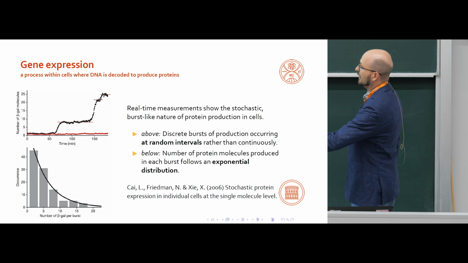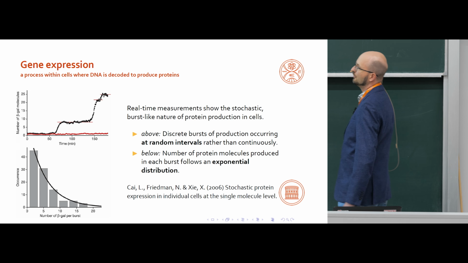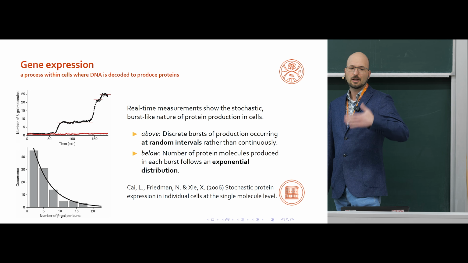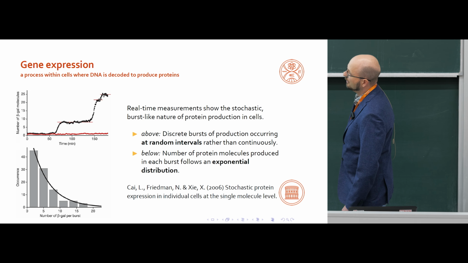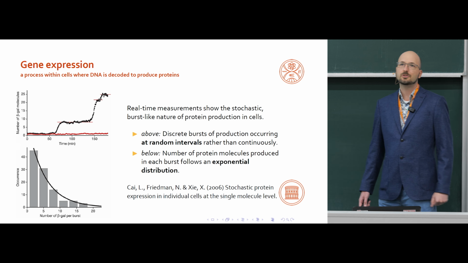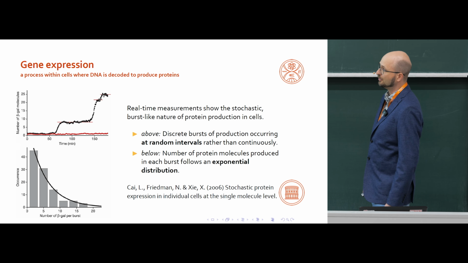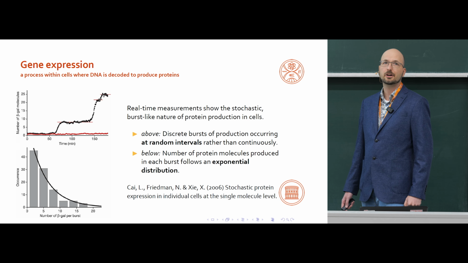On the horizontal axis, you have the size of the burst in number of molecules, and on the vertical axis, you have how many times you have seen a burst of such size. And the exponential distribution fits it quite nicely, as you can see. So this is the exponential distribution fit. It's a simple exponential curve.